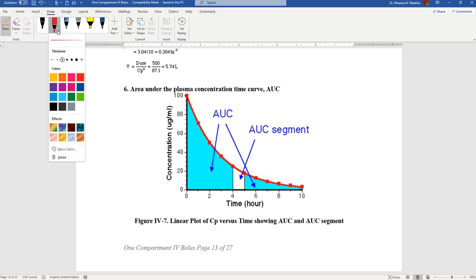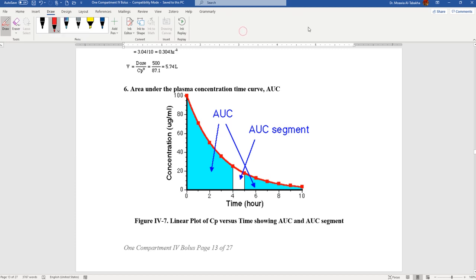Before we start, we are going to just remind you of the equations that we discussed in the last part. First, you remember that we said Cp is equal to Cp0 times e to the power of minus Kel times t.